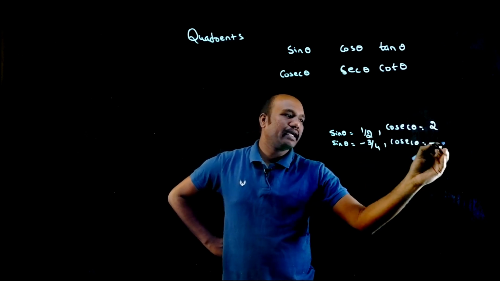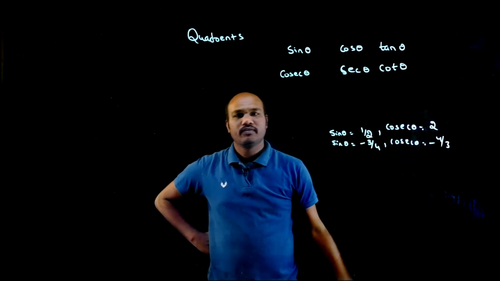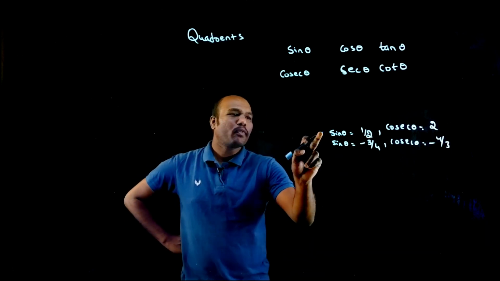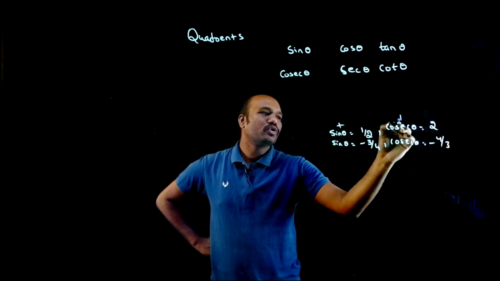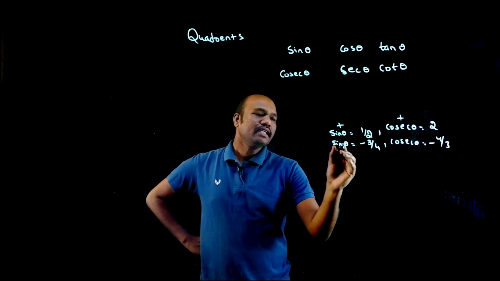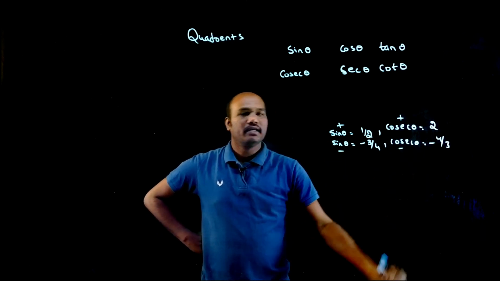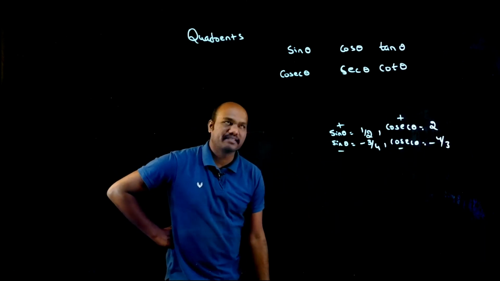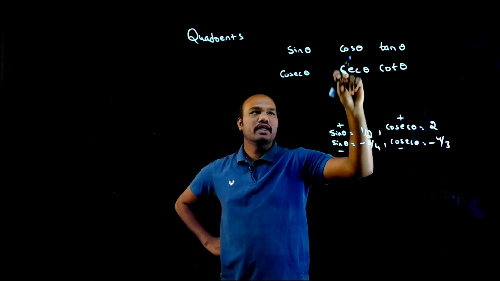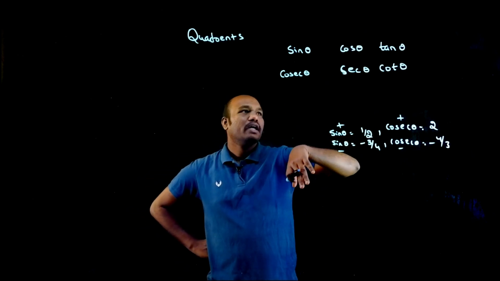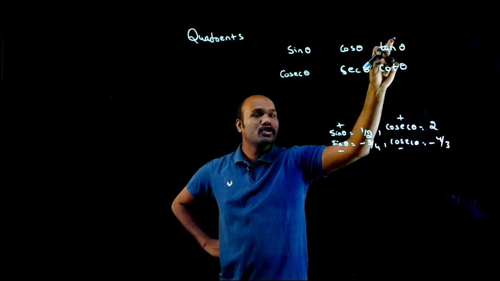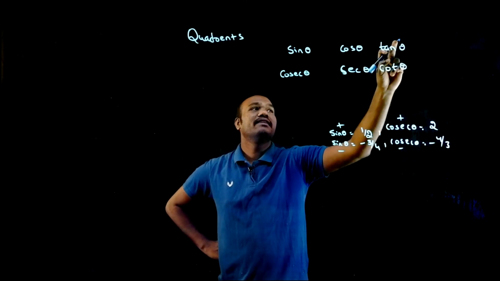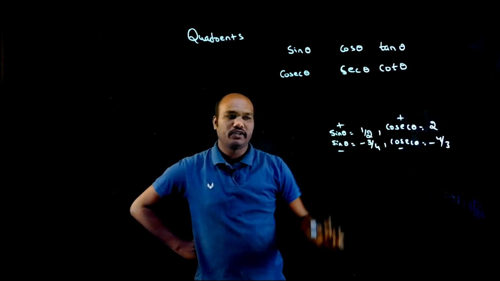This will also become minus 4 by 3, that reverse. So if sin theta is positive, cosecant theta is also positive. If sin theta is negative, cosecant theta also will be negative. Yes or no? Yes. So if cos theta is positive, secant theta also will be positive. If tan theta is positive, cot theta will also be positive. If tan theta is negative, cot theta will also be negative.